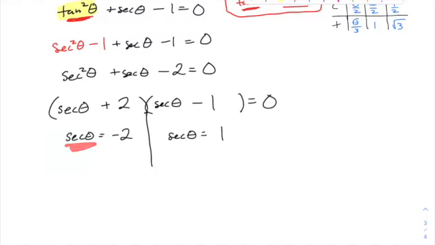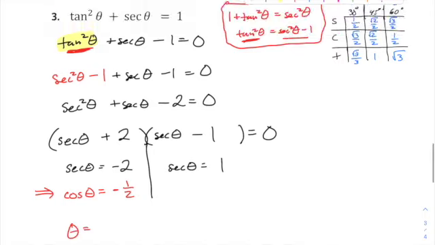No, because this is secant. And secant is the reciprocal of cosine. So if you think about it, or if you have to write it, this is the same thing as saying, where is cosine the reciprocal of -2, which is -1/2. That certainly has solutions. Two solutions, in fact.